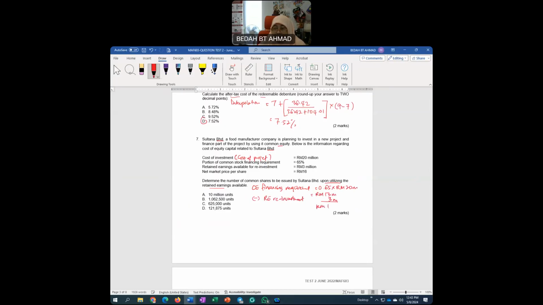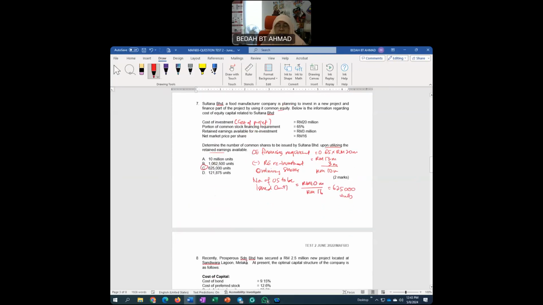So RM 10 million will be financed using common or ordinary shares. So how many units of ordinary shares are to be issued? You need to divide this 10 million by the share price RM 16. So that is about 625,000 units. Okay, the answer is C.